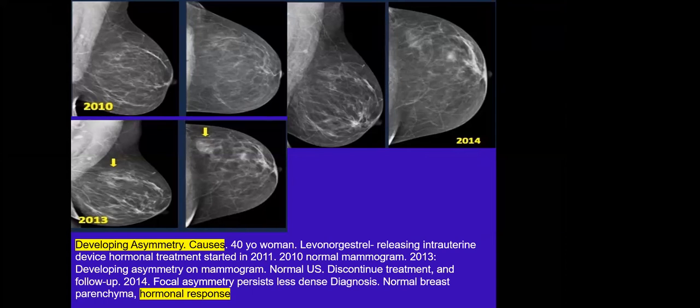After that, her ultrasound was normal. She discontinued her treatment before 2014. That is why the developing asymmetry started to regress. And this is normal breast parenchyma due to hormonal response.